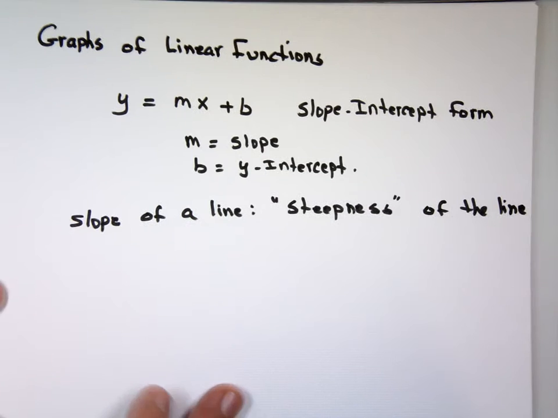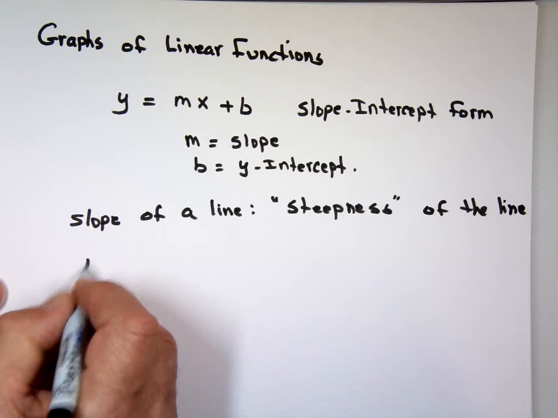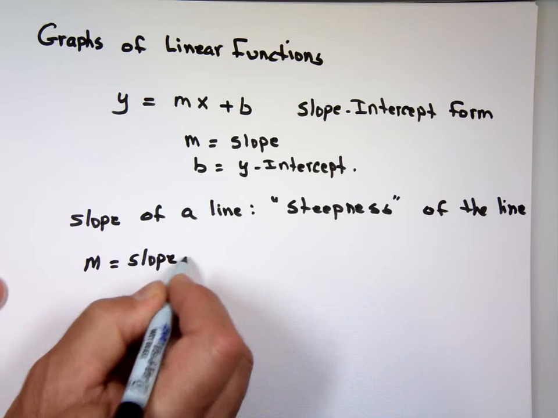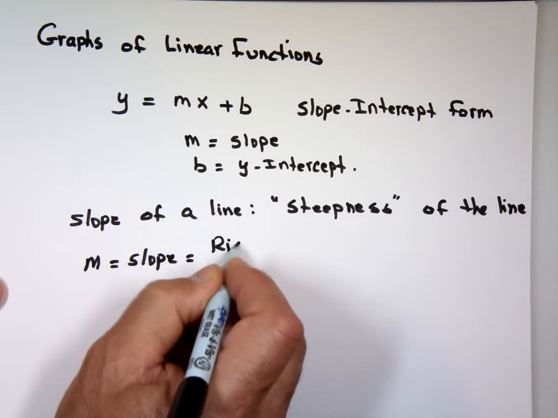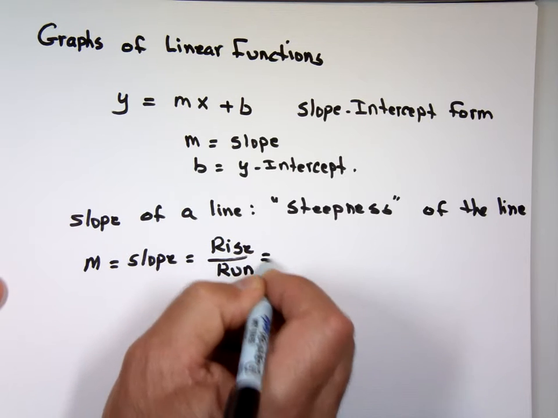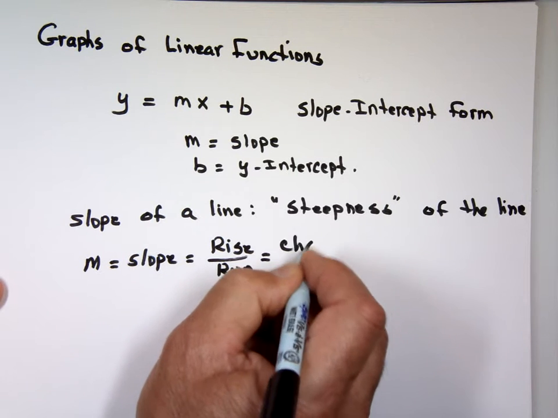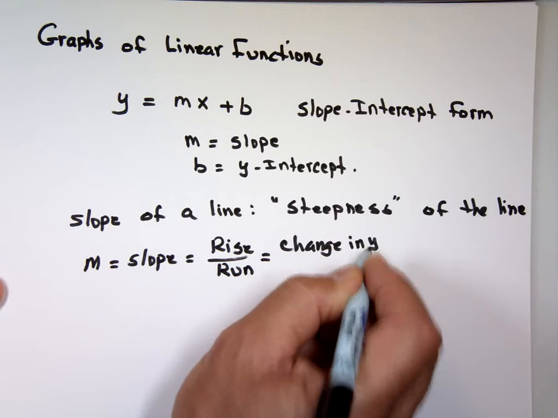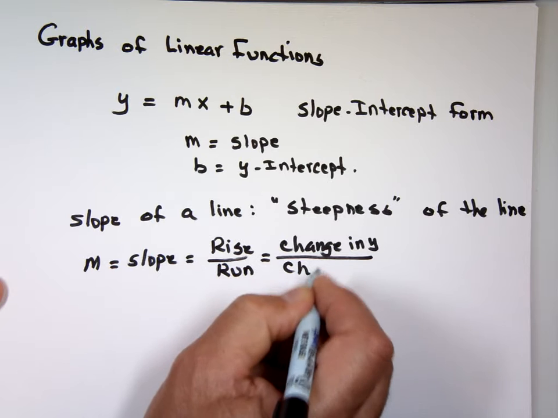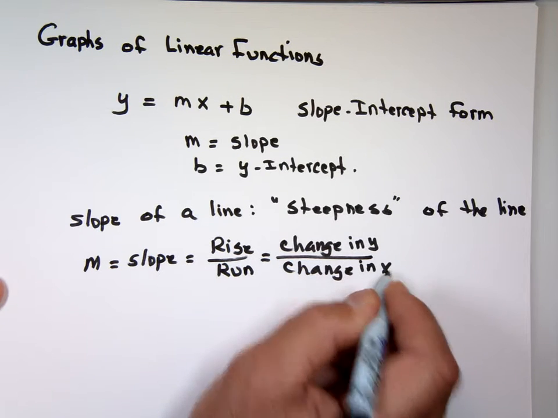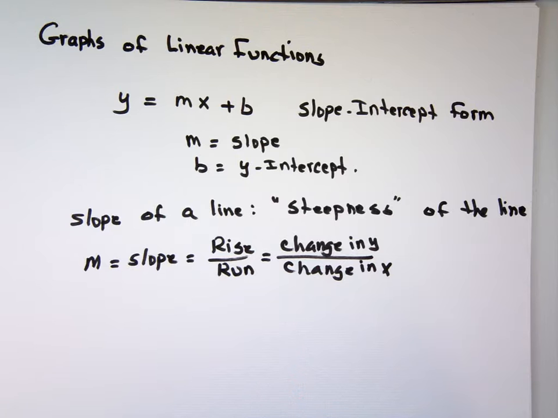Now, we all learned a long time ago in high school, we use m for slope. The slope is what? The rise over the run, which is the change in y over the change in x. By the way, change in y, change in x, that's too much to write for math people.